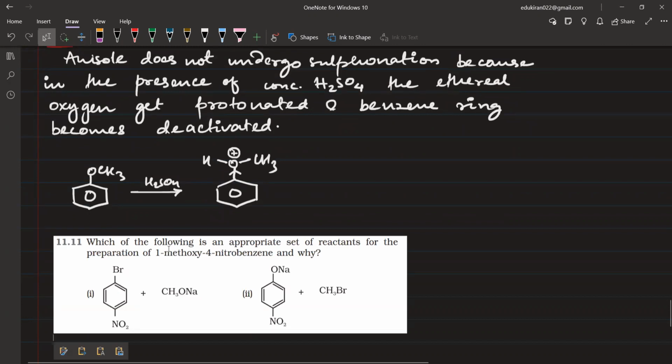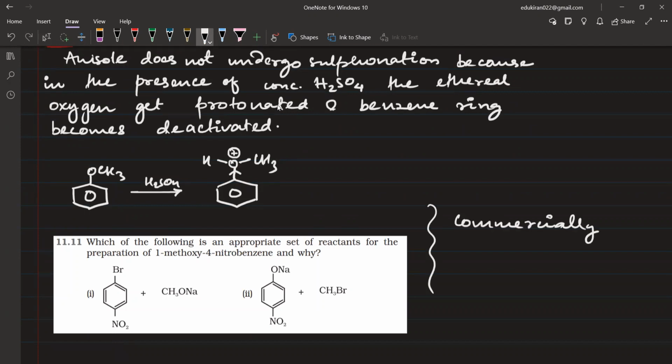Write this question, we'll do this question, and then that's the end of the chapter. Once again, what you have to study on your own is commercially important alcohols and ethers. I think ether is not there, maybe. The commercially important ethers are not there, obviously.